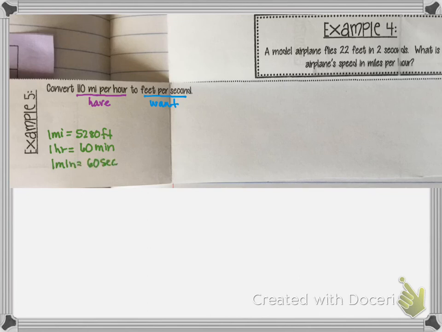Okay, so now here comes the big setup. Let's start with what we have. We have 110 miles per 1 hour. All right, so let's tackle getting rid of the miles first. Now notice again, we have 3 conversions on this one, okay? So let's see, to get rid of the miles, we want miles to go on the bottom, get rid of miles from the top, and the 5,280 feet on top.